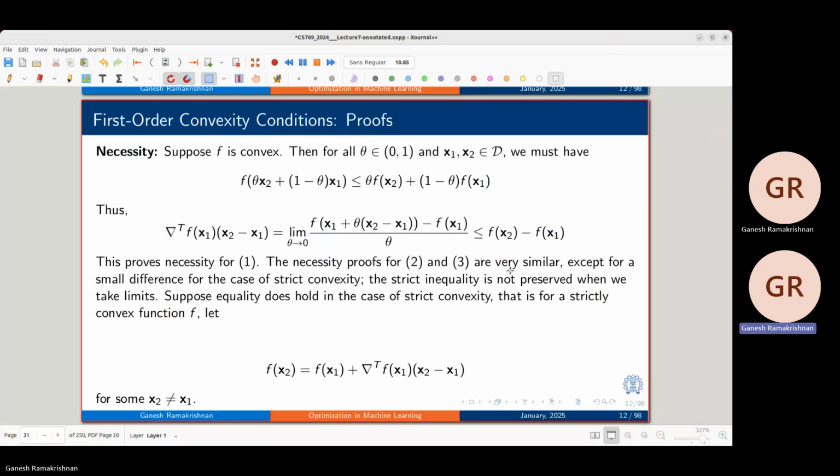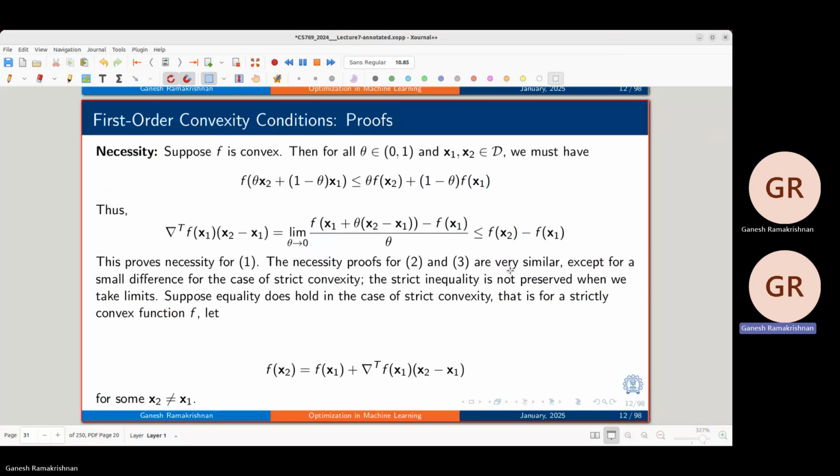If you just multiply this part with theta, you will get exactly the original convex inequality. Is it clear?